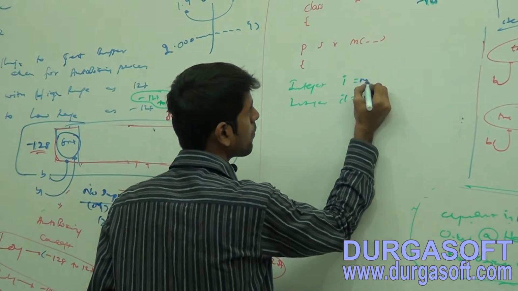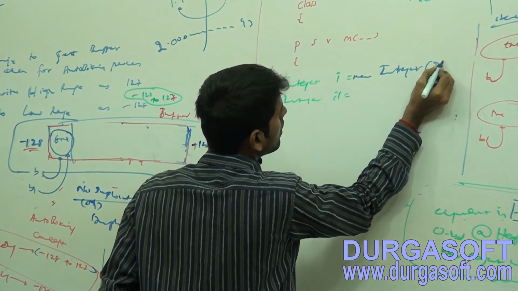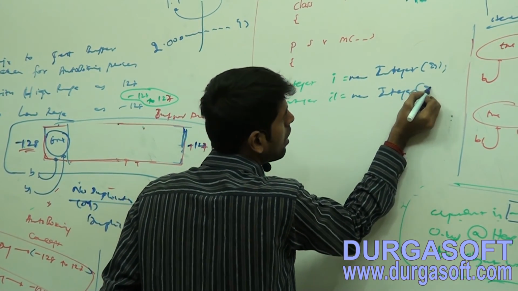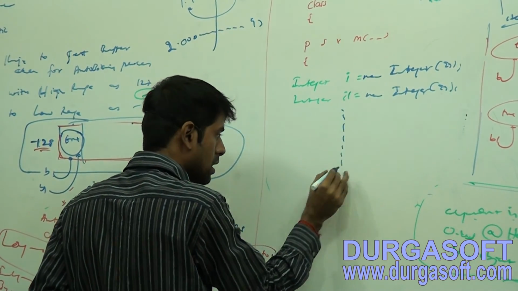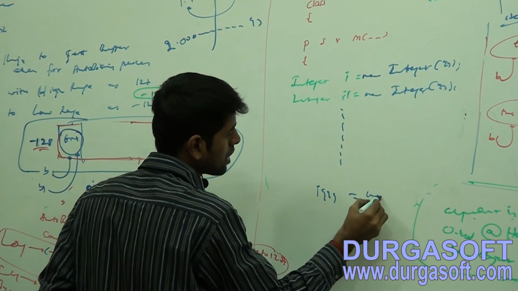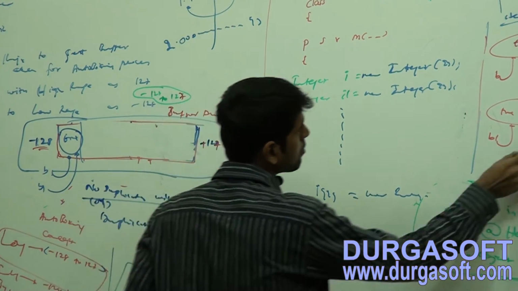Observe here, new Integer of 99. If I create a thousand integer objects with the same data, what happens in memory?